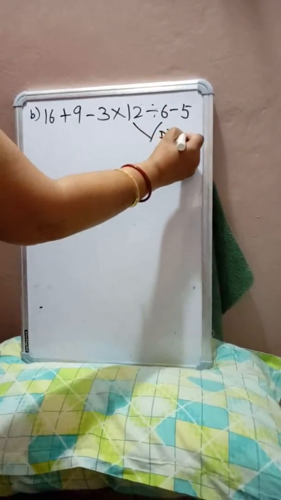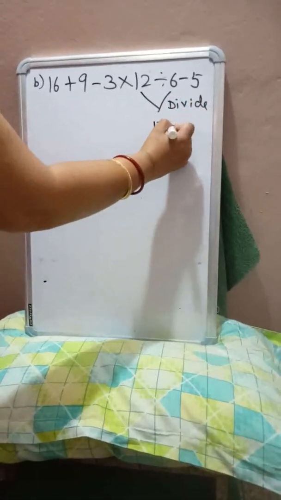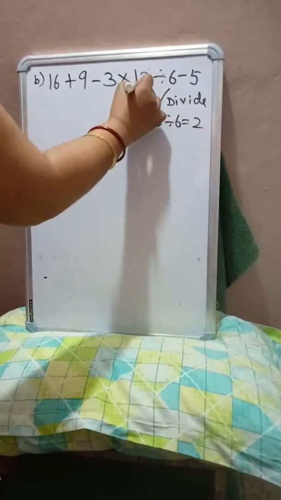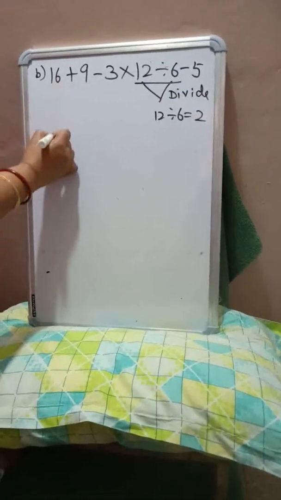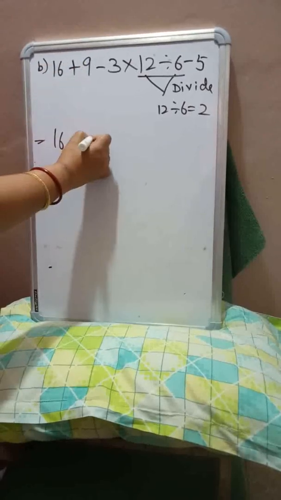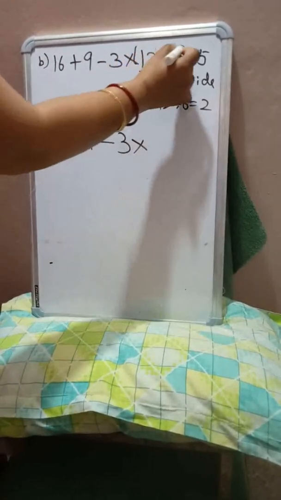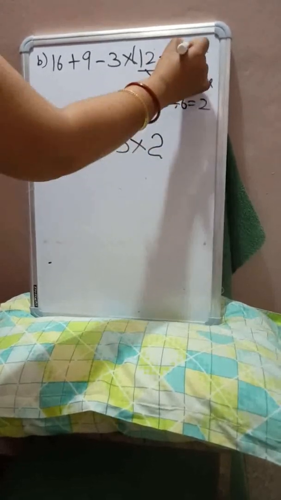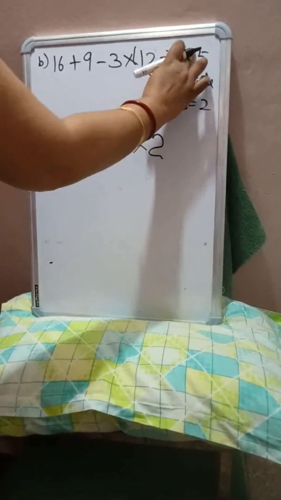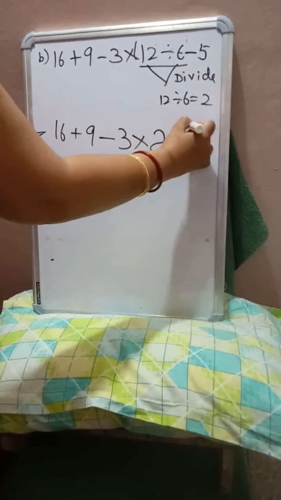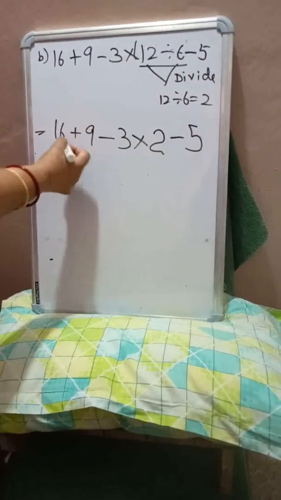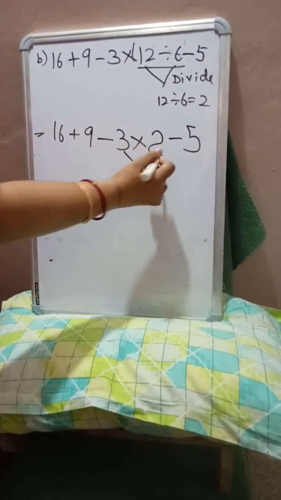First step, 12 divided by 6 is equal to 2. For this division, now see, 16 we write down as it is, plus 9 minus 3 multiply, for this 12 and 6 I will write down 2. Now we put this minus sign, minus 5. Right. Now here we will do the multiplication.